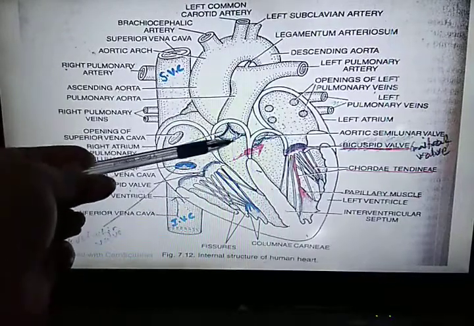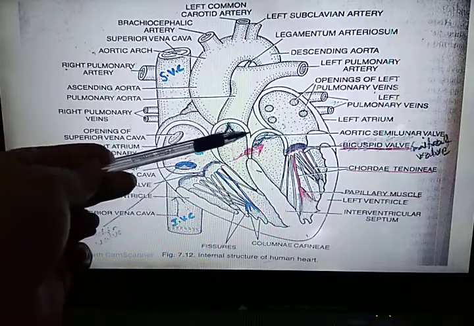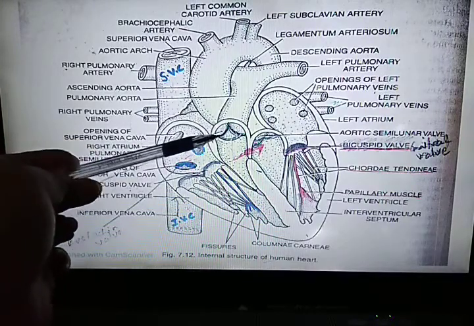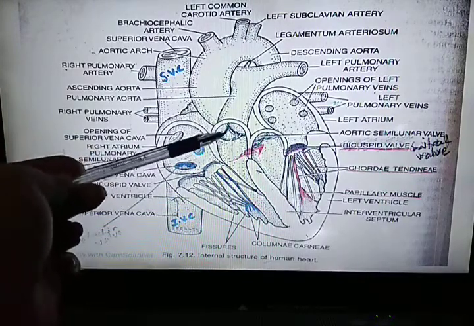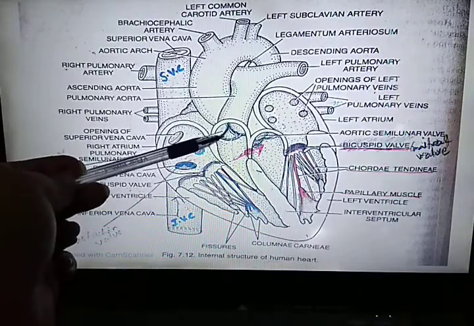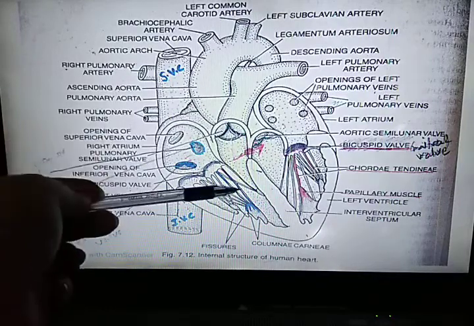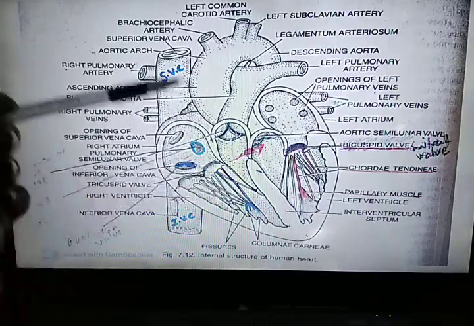At the base of the pulmonary artery, there are three semilunar muscular flaps known as the semilunar valve. The semilunar valve prevents the backflow of blood from the pulmonary artery into the ventricle.